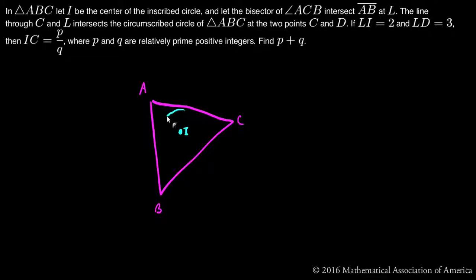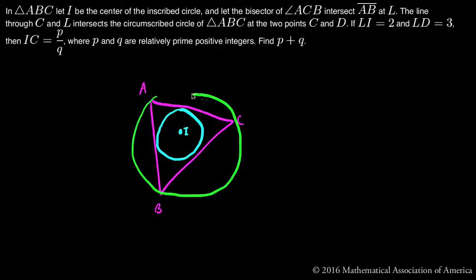And then I have a circumscribed circle. And then we have the angle bisector from C, which will go through the in-center and all the way to the other side, and they tell us that it intersects AB at L and intersects the circumscribed circle at C and D.